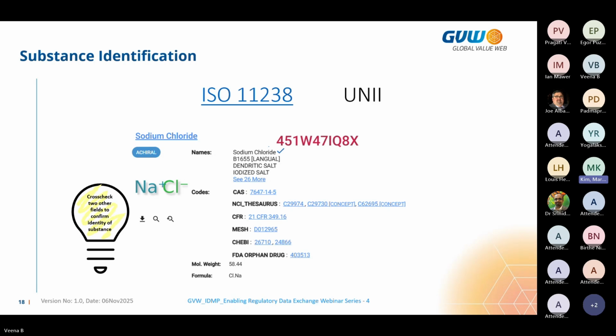If it's an ingredient, we want to know where it came from, what organism, what part of the organism, so all the way down to the molecular level. And if you're just searching GSRS, while we have a display name, so on the screen it says sodium chloride and it has a UNII, we also capture synonyms and codes so that you can use the other information to cross-check, cross-reference, and confirm that this UNII is the one that you are looking for. Next.